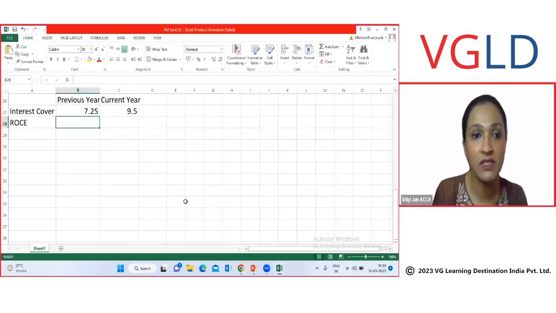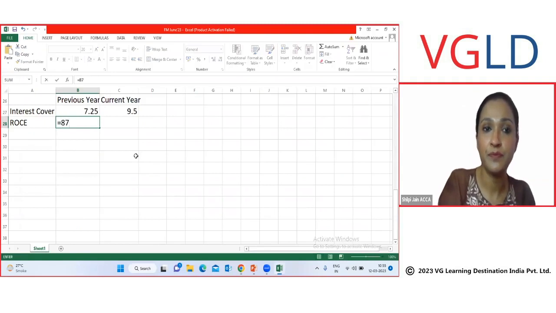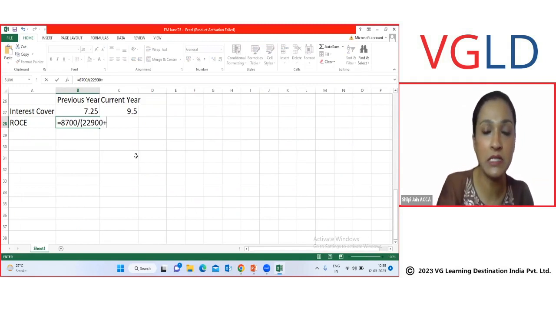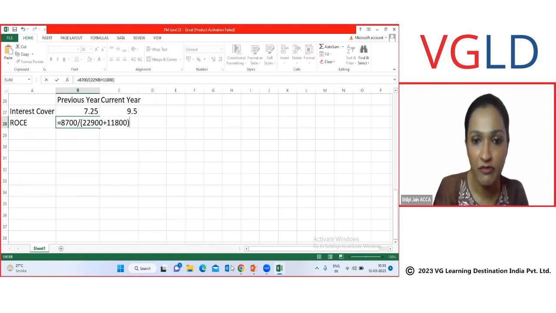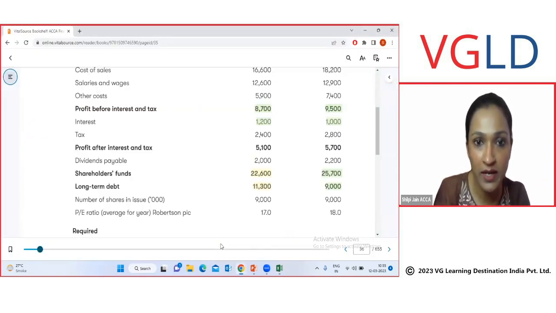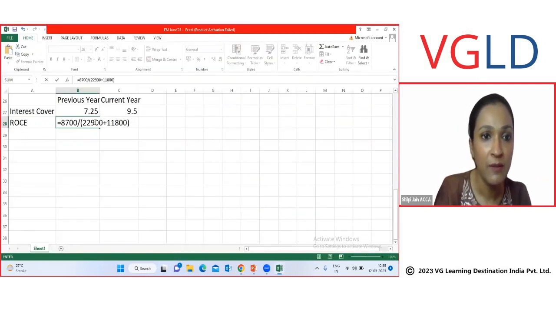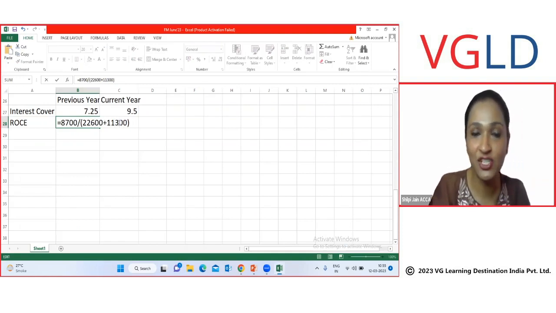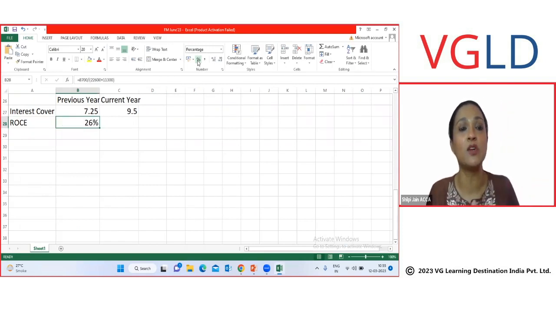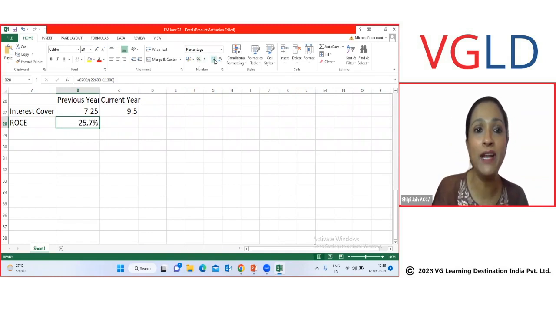So that is 8,700 divided by brackets 22,600 plus 11,300. Let me just check from the book. 22,600 and 11,300. That's why I need the book with me to just quickly check. Okay, so that makes it equal to, and this is always in terms of a percentage, 26%, or we could open it up to one decimal place, so that is 25.7%.